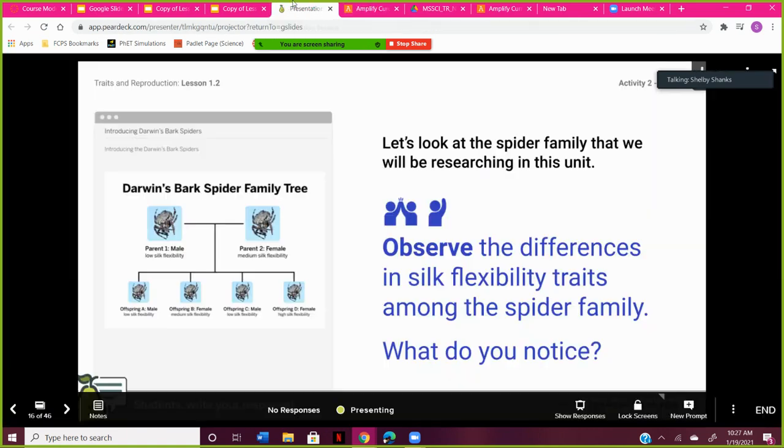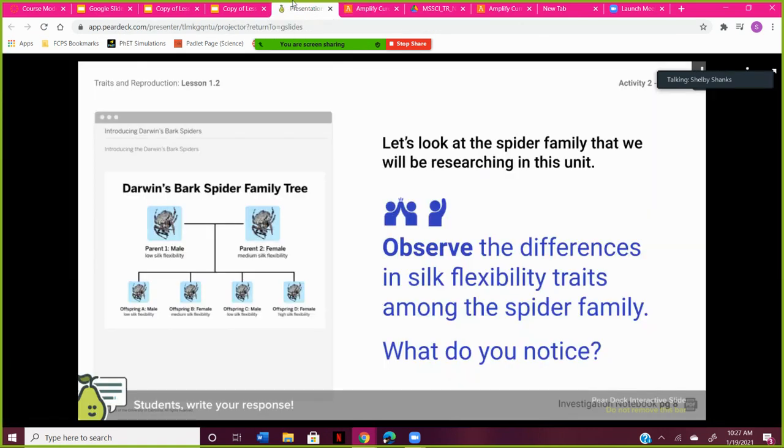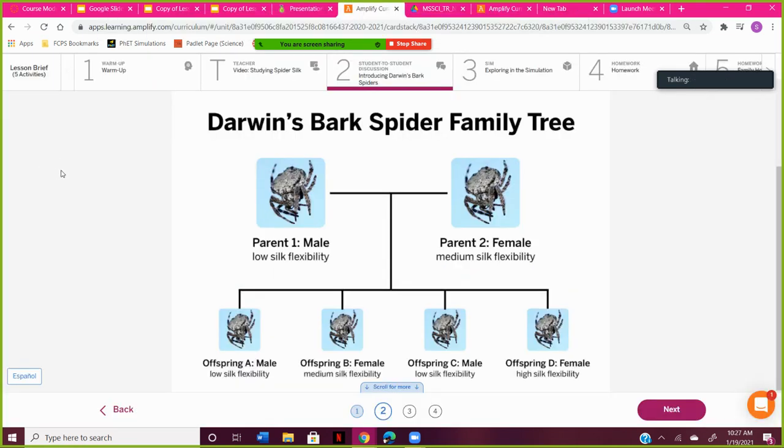It says, observe the differences in silk flexibility traits among the spider family. What do you notice? Point one thing out that you notice in this family tree. It can be obvious, it doesn't have to be. Whatever you would like. Just one thing.